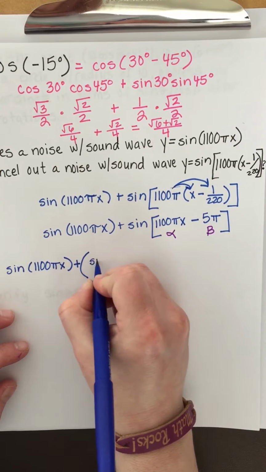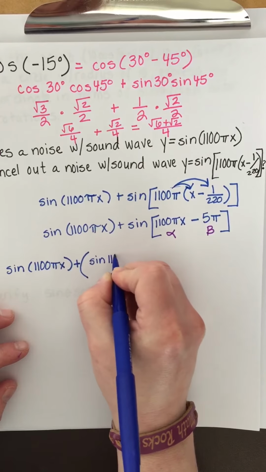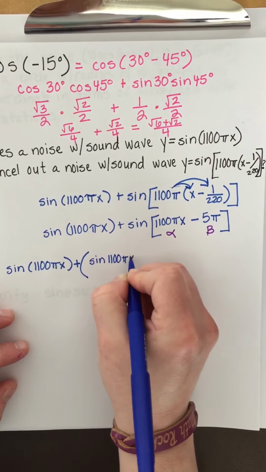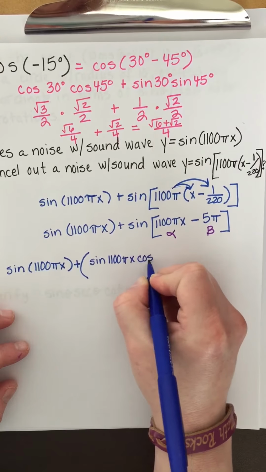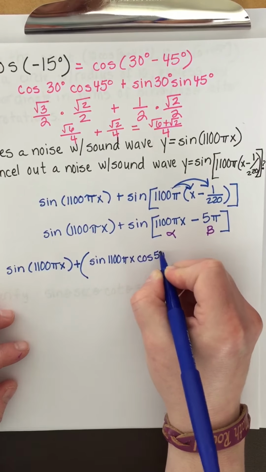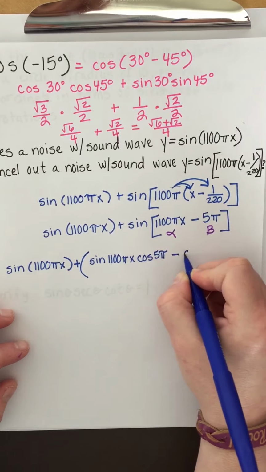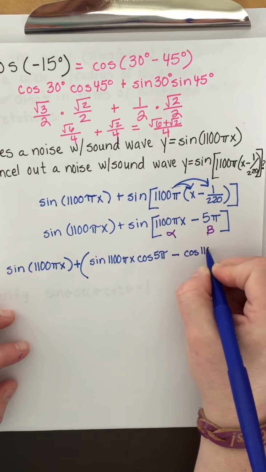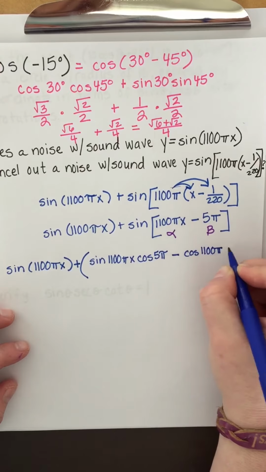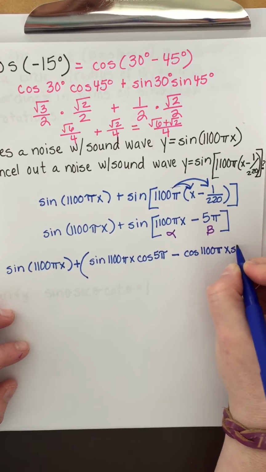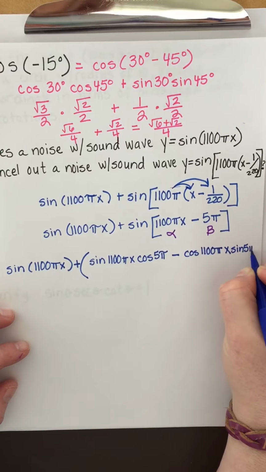So I'll have the sine of 1100 pi x times the cosine of 5 pi minus the cosine of 1100 pi x times the sine of 5 pi.